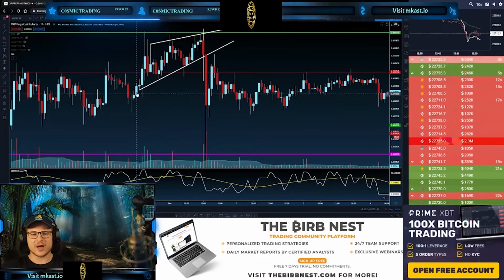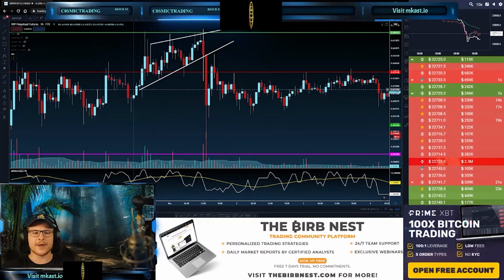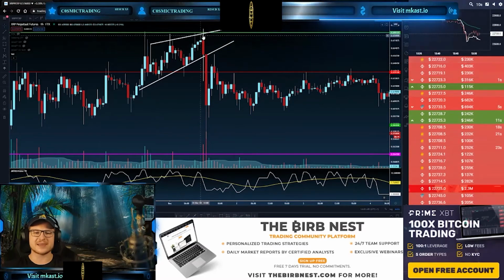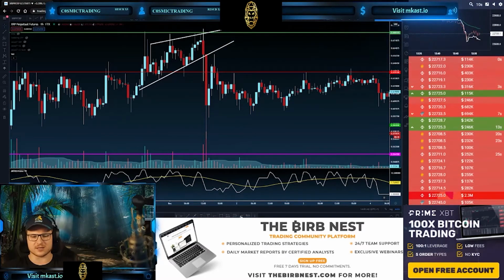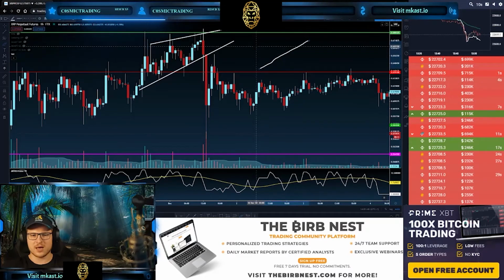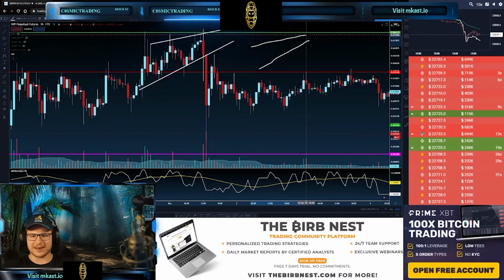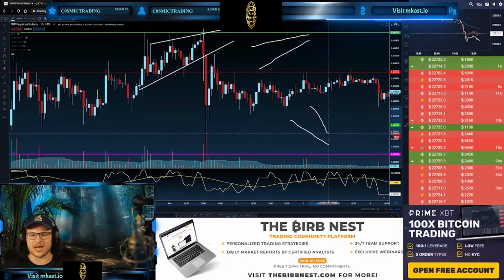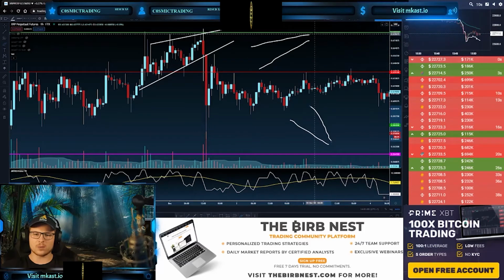Now, a rising wedge, as you can see right here, has mostly a rising support and a slightly rising resistance. So you can have a strong rising support, but then also a slightly rising resistance. And as you remember, a falling wedge, the bullish counterpart to it, is always pointy.